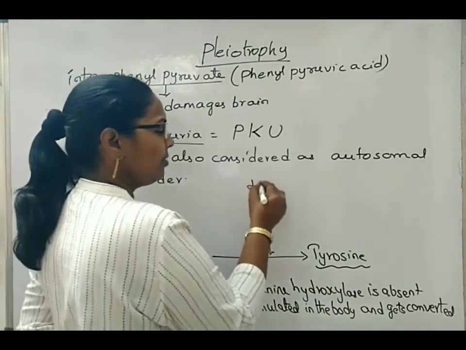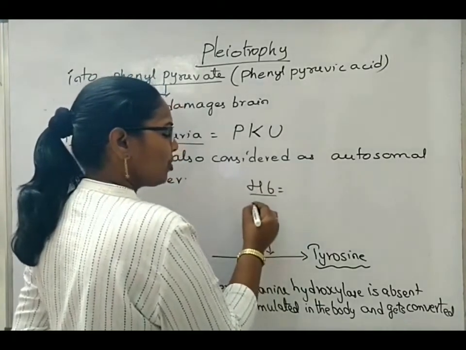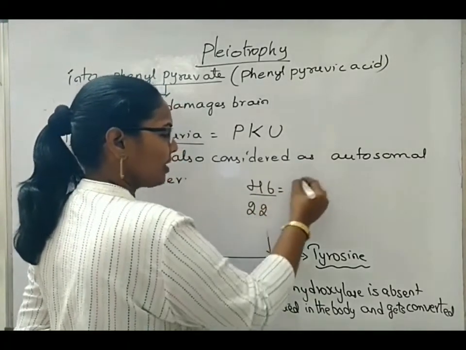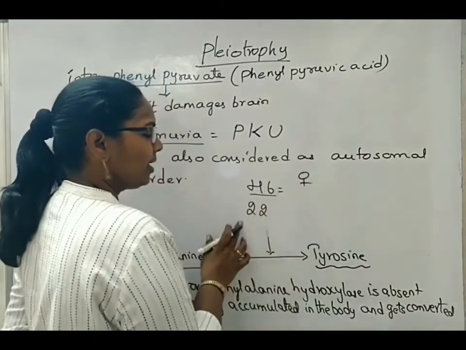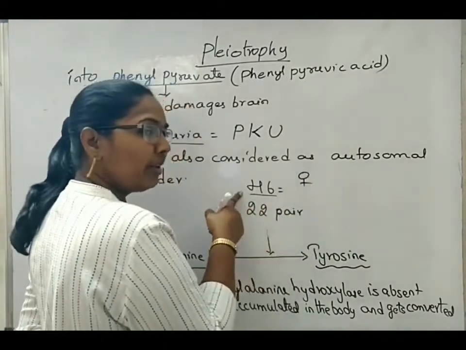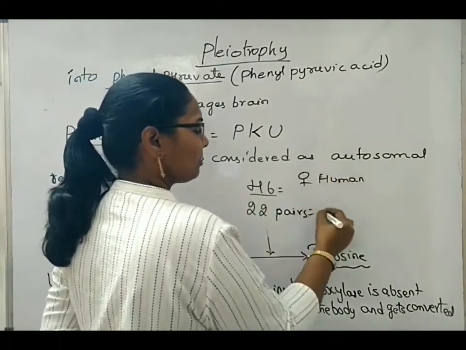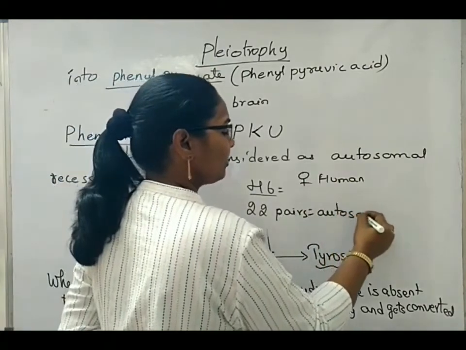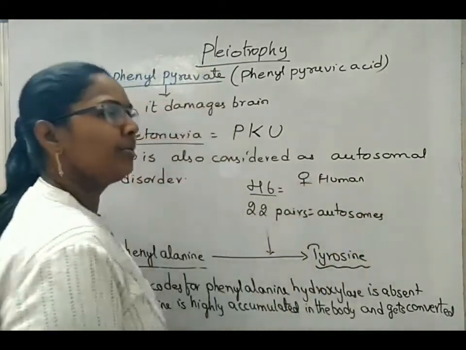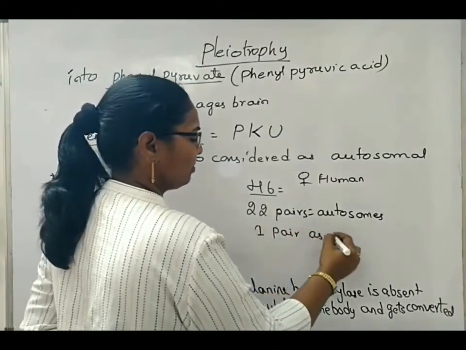Suppose we have 46 chromosomes. If it is a female human, we consider 22 pairs out of 23 pairs as autosomes, meaning those are not responsible for reproductive activity, and one pair as the sex chromosome.